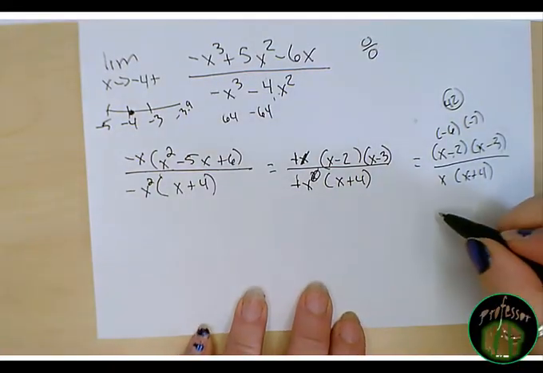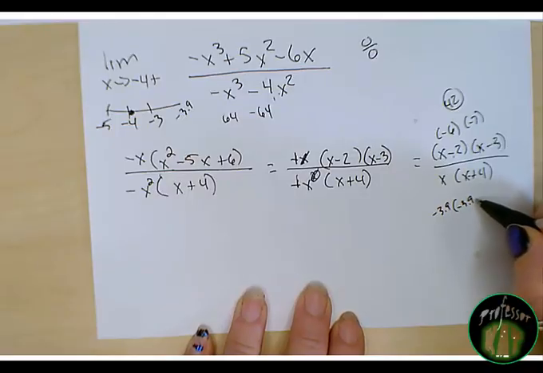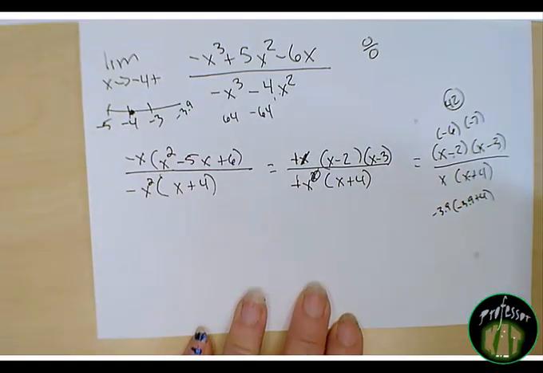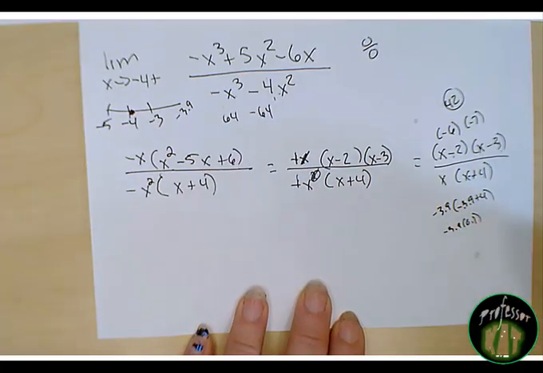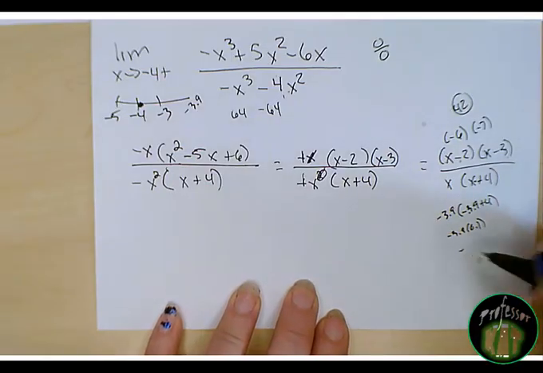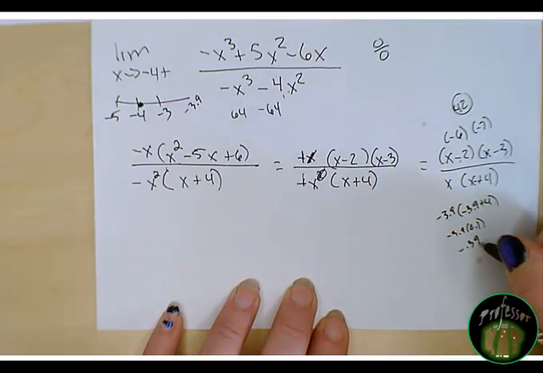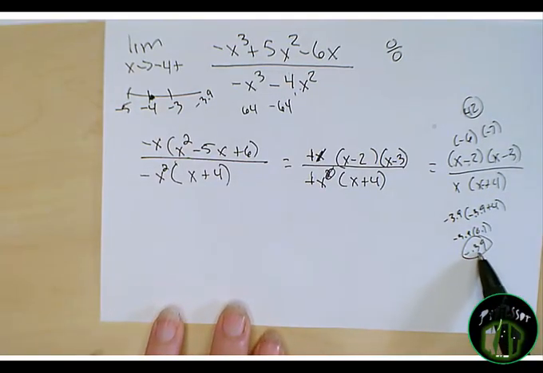Plug that in for your denominator and do a negative 3.9 times negative 3.9 plus 4. Now, negative 3.9 plus 4 is a 0.1. All right, so we would be left with this negative 3.9 times 0.1, which is just going to give us a negative 0.39. The point is that it is negative and is extremely small.